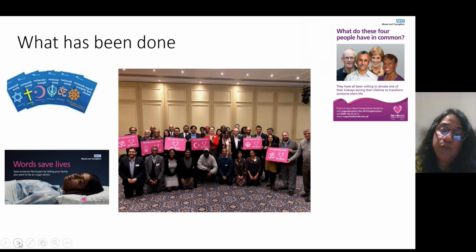Over the last 10 years, we've worked very hard to improve diversity in donor panels. We've done so by public information campaigns with more representation from Black and ethnic minority patients. We've produced faith leaflets and leaflets in many languages. We held the first faith and organ donation seminar in 2015 in Scotland, and one was previously held in England as well.